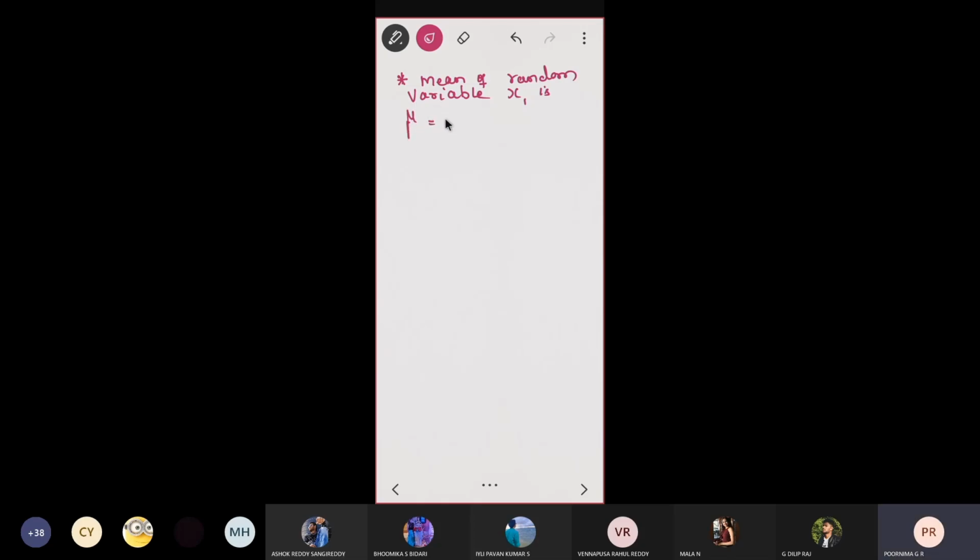Mu is the expected value of x1. What is x1? The received vector, minus root Eb plus W1.